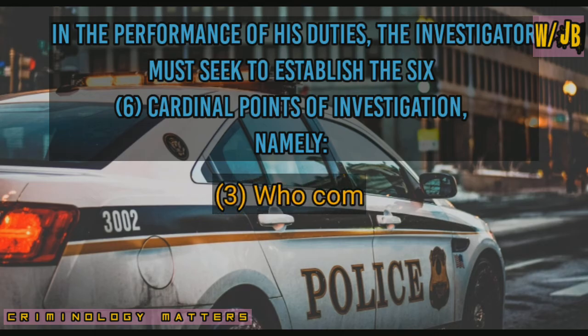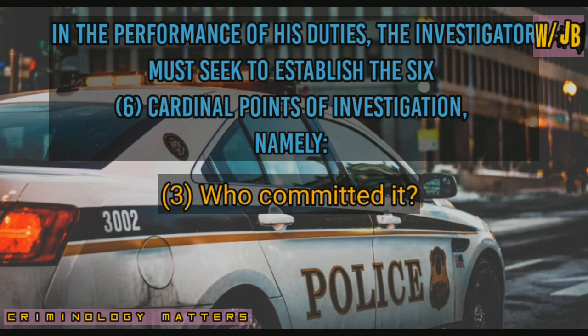Third, we need to establish who committed it. The criminal investigator must establish who committed the crime. I do believe that is very much important. Why? Because of course, one of the goals of criminal investigation is indeed to identify the person who committed the crime.